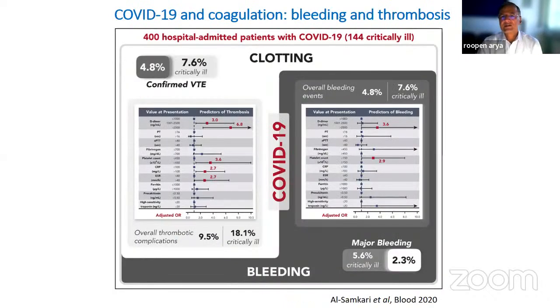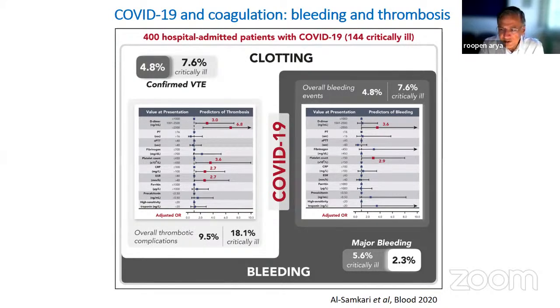So clearly the main phenotype in COVID seems to be that of thrombosis, but bleeding can also be a significant issue.